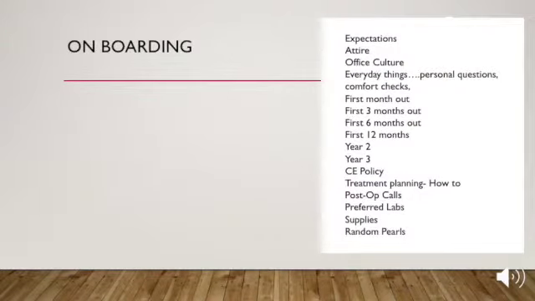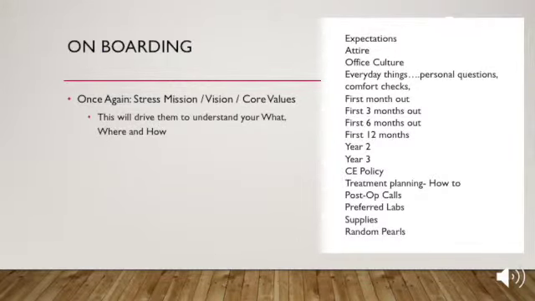So, onboarding. So this is the crux of the presentation, and this is very important. Over on the right side, I have all of the major points that we would expect out of associates as we onboard them. So once again, in everything we do, we stress the core values.